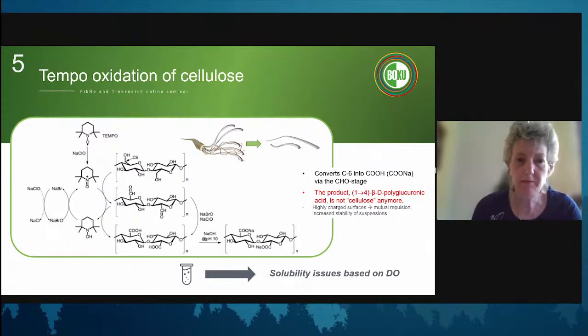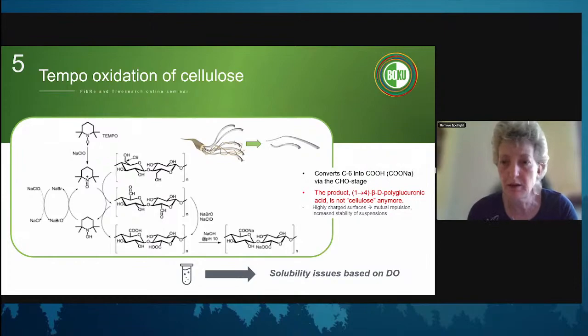TEMPO oxidation is again a rather selective process. We oxidize the C6 first to this aldehyde group and later on also to the corresponding carboxyl group function. Some of the aldehydes usually survive if we do not further oxidize them to 100% to the carboxylic acid.